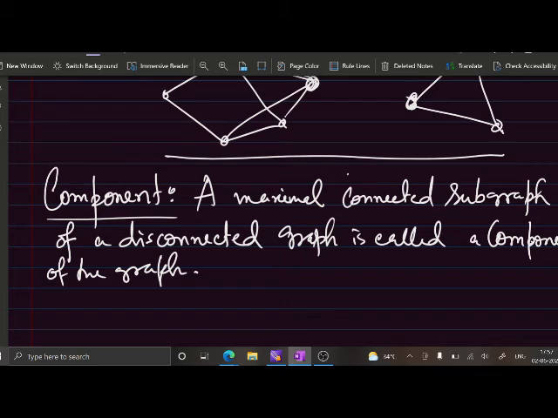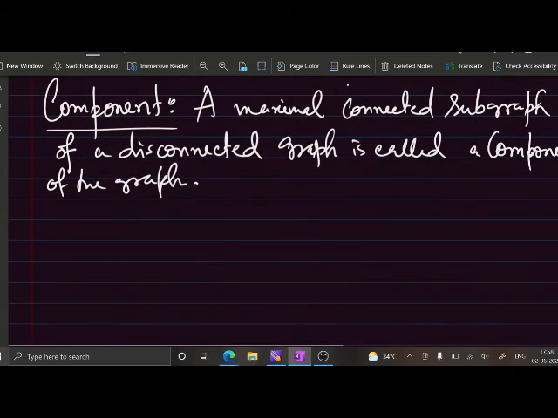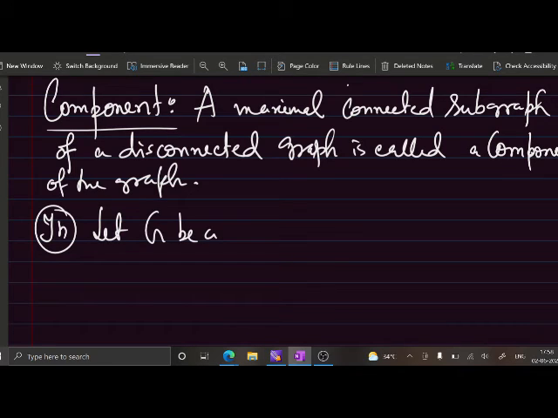Okay, so let's prove a result in this context of connected graphs. Let G be a connected graph.